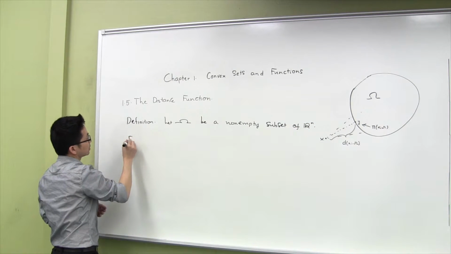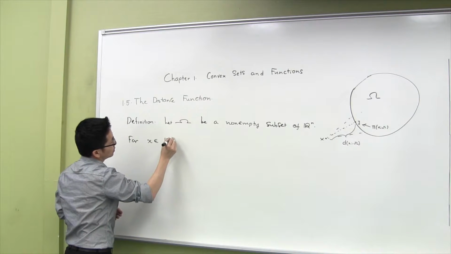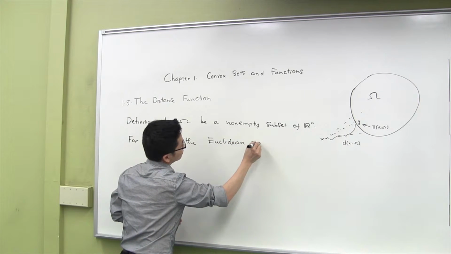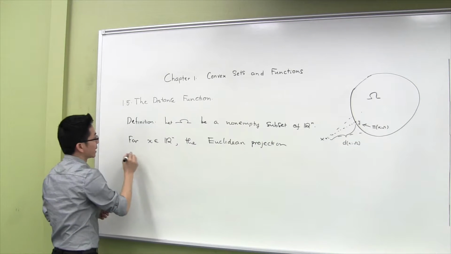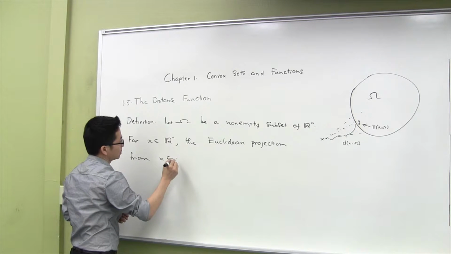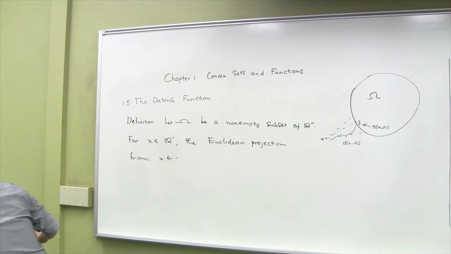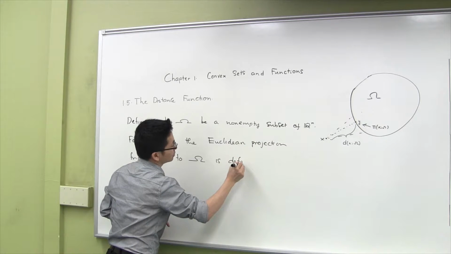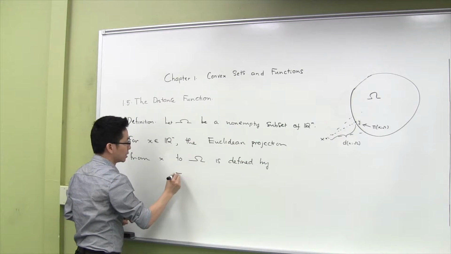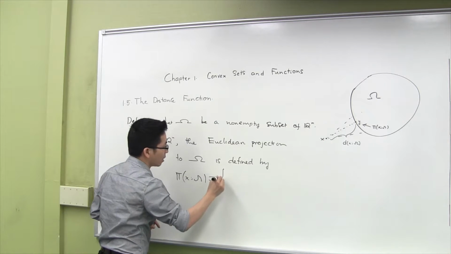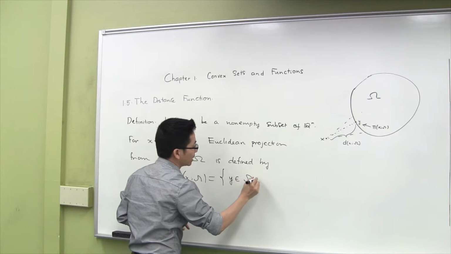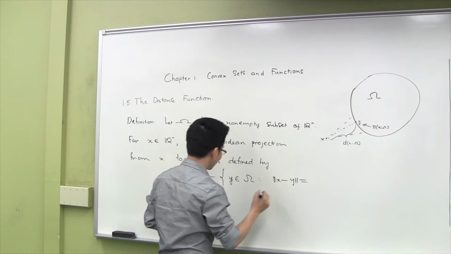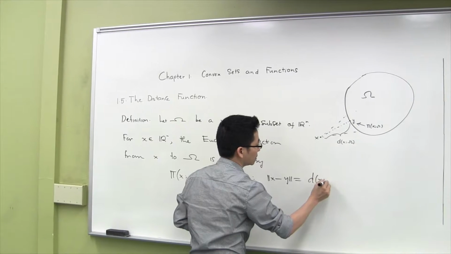For any x in Rn, the Euclidean projection from x to omega is defined by: the projection from x to omega contains all elements y in omega such that the Euclidean distance from x to y is exactly the distance from x to omega.